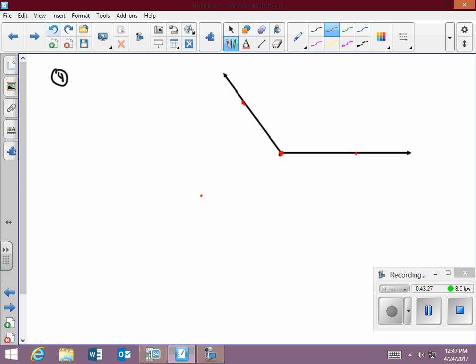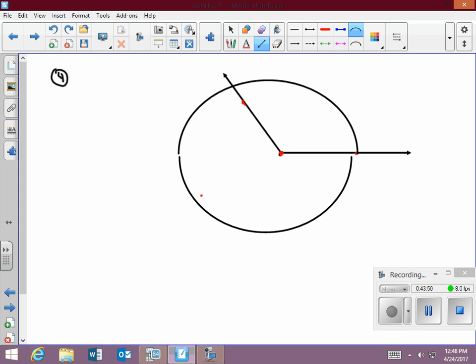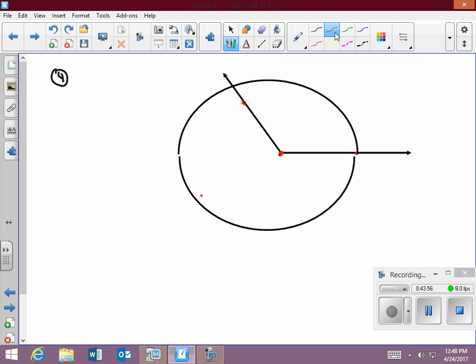I wonder if I can do it better with this line thing. Now, you put your point right here with your compass and measure that distance right there.